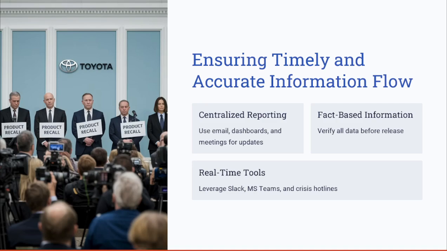If you encounter a crisis or any issues, you cannot just communicate to all of the stakeholders, causing them to panic. Make sure you have enough facts about the project before releasing it. You also need to leverage real-time communication tools such as Slack, Microsoft Teams, or crisis hotlines.